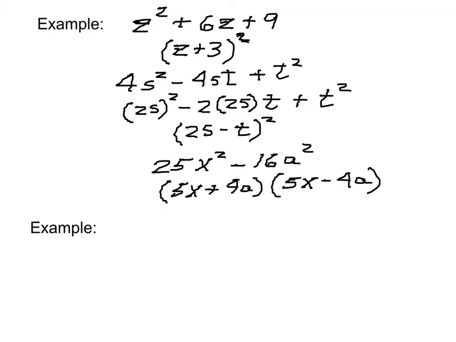Let's say we've got 3x to the fifth minus 48x. So what do we got here?